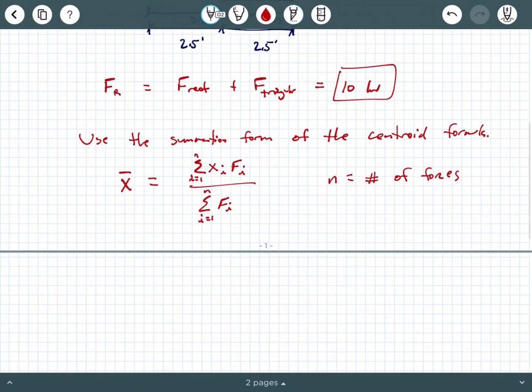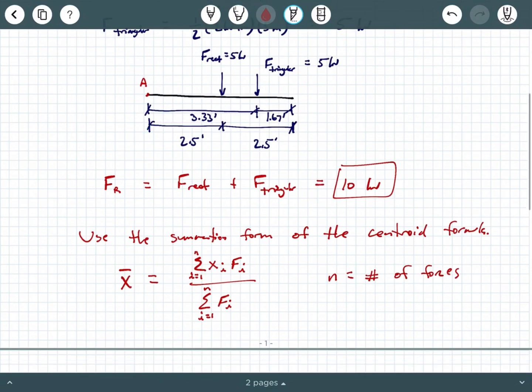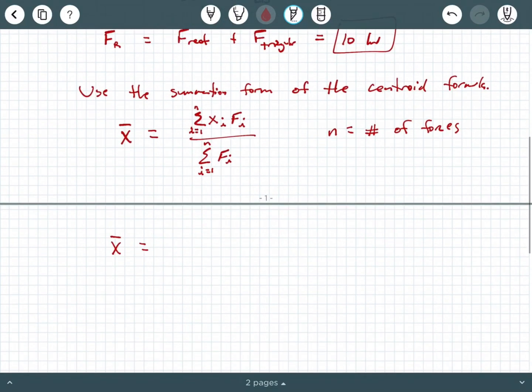So substituting values in, I'm going to say x bar equals F rectangle, which is right here, times its perpendicular distance to point A first, okay?